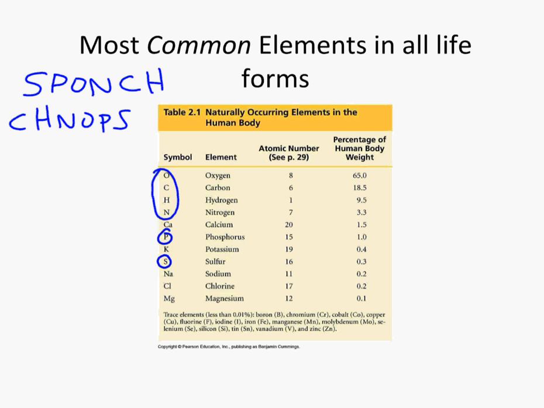You can see there that some are even more prevalent, like calcium, potassium. They're very important also. We will talk about those this year as well. But these single letter ones are the ones that I want you to spend a lot of your time thinking about.